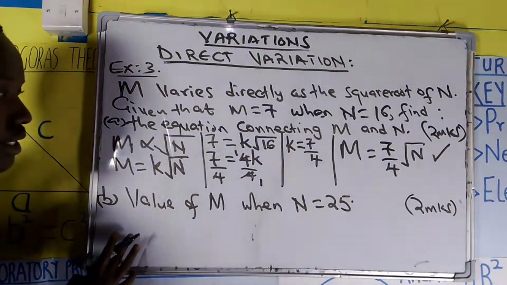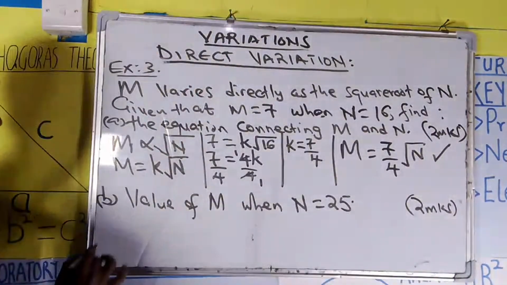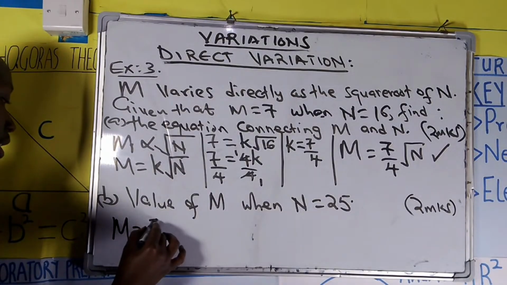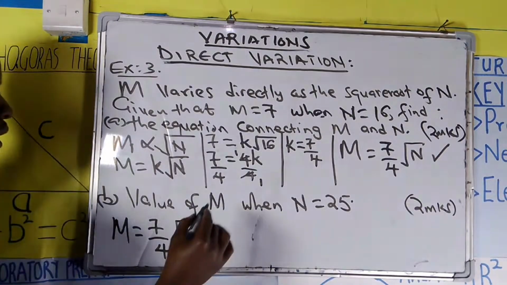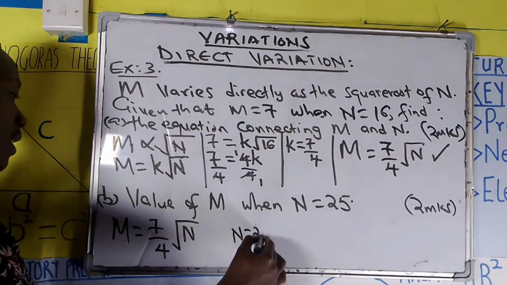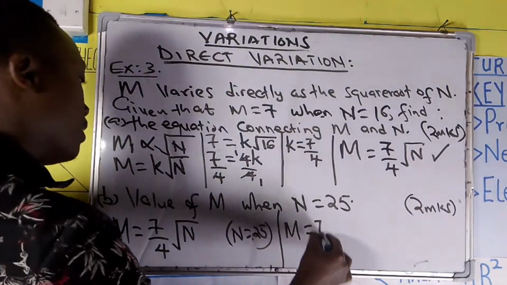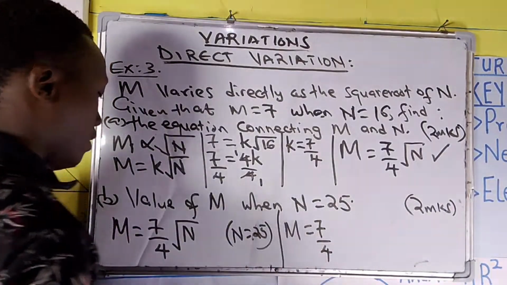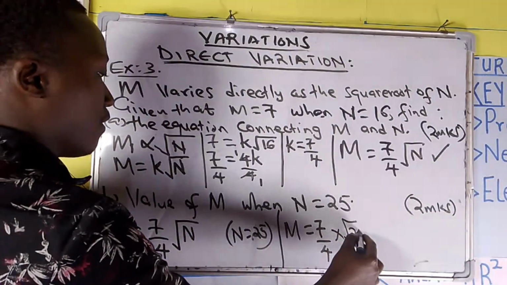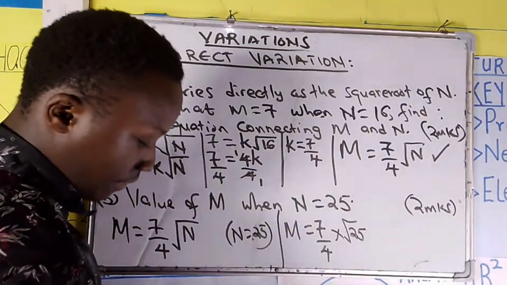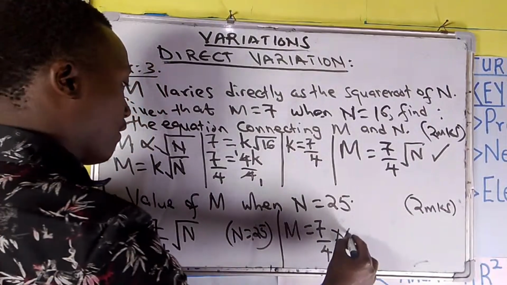So when we get that, to proceed here, the value of m when n is 25. So already our m is 7 over 4 multiplied by square root of n. And we have been told our n is 25. So we will have m is equal to 7 over 4 multiplied by square root of 25, which is 5.